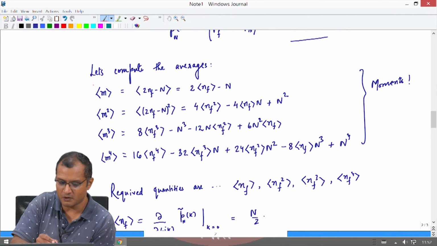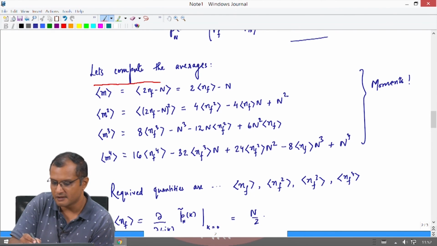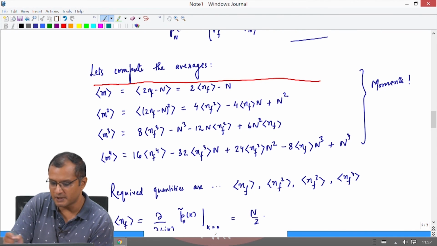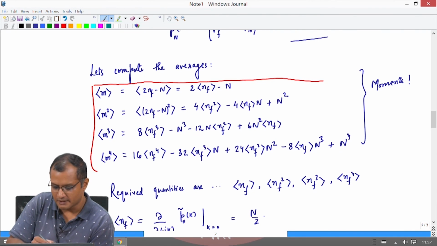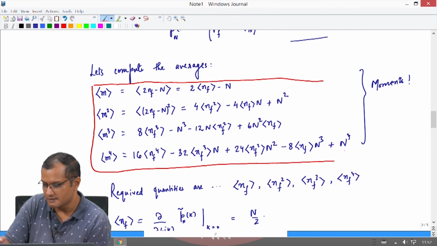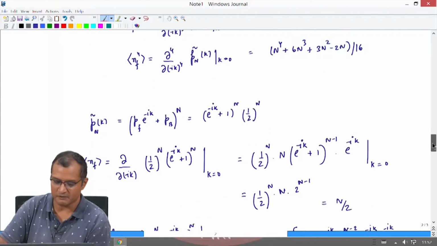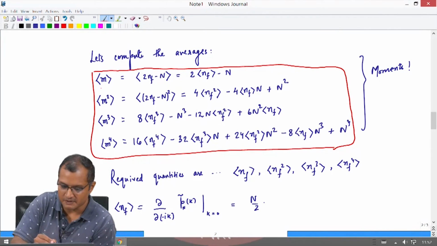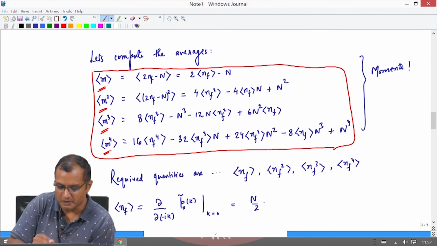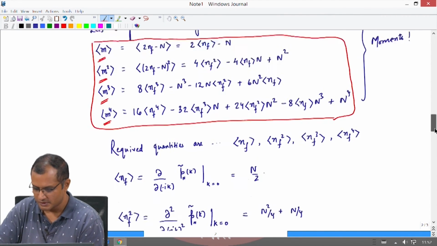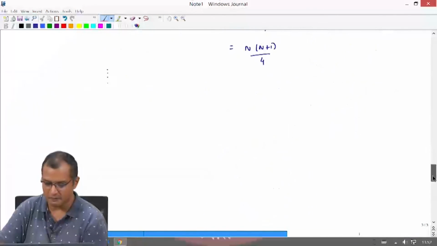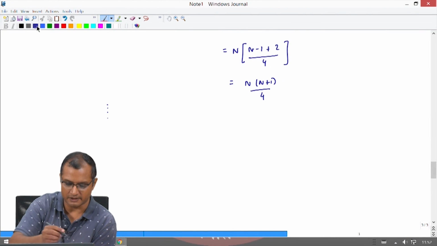So, after you find all the moments of nF, you are supposed to plug it here in the right hand side. Okay. And then you will get the values for all these m's. So, you will get the second moment, third moment and the fourth moment. Okay. So, the moments of the net displacement are then straightforwardly calculated.